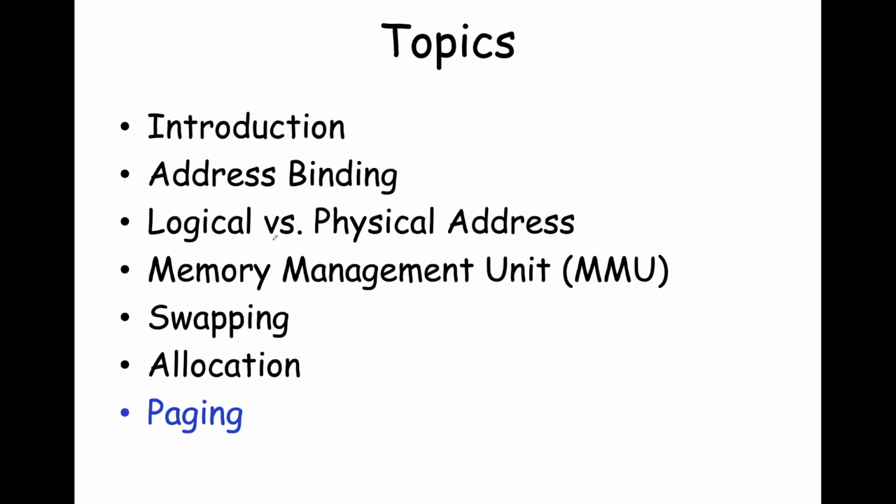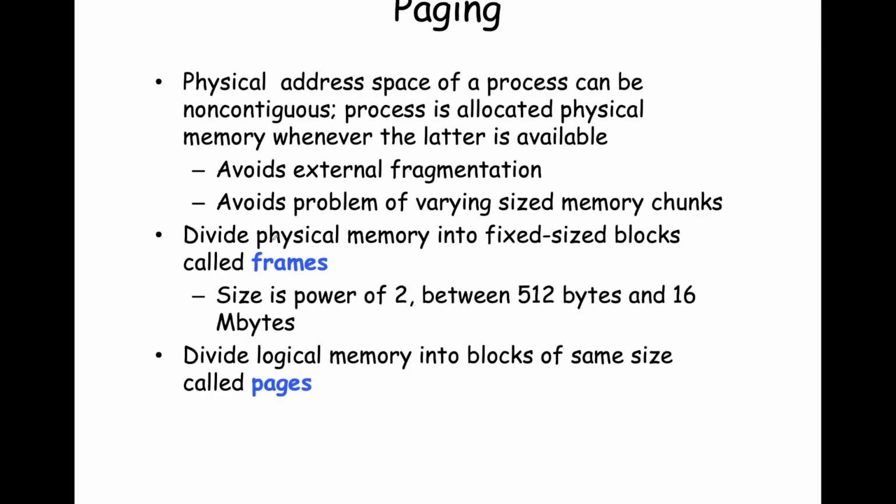Paging takes this idea of segmentation and relocation, and it kind of standardizes it to make it a lot easier to store your processes to avoid, to a larger degree, this external fragmentation. And so the physical address space of a process can certainly be non-contiguous.